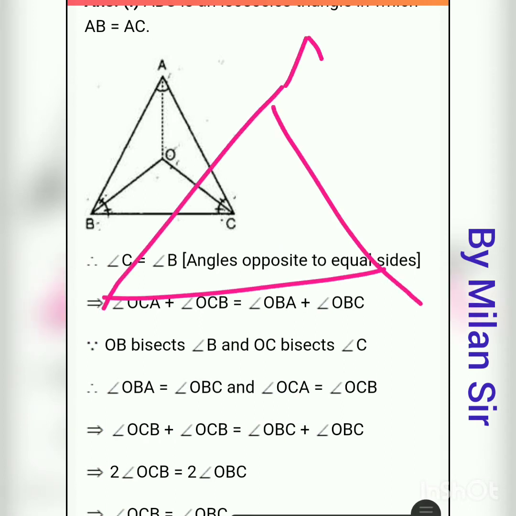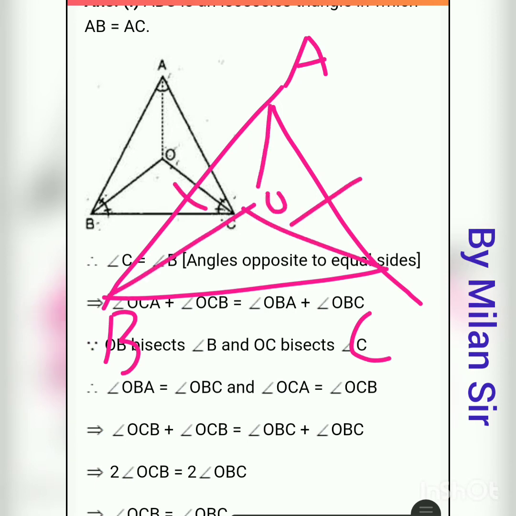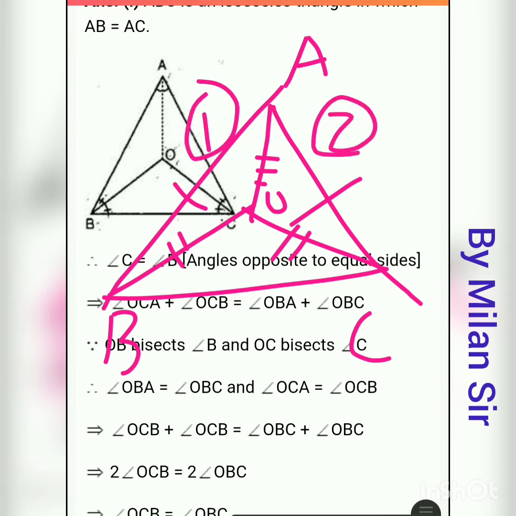We have triangle ABC. It is given that AB equals AC. Here we have O, join AO. Now we already proved OB equals OC and AO is a common side. So in these two triangles, all three sides are the same as the other triangle. By using the SSS criteria, we can say that these two triangles are congruent.